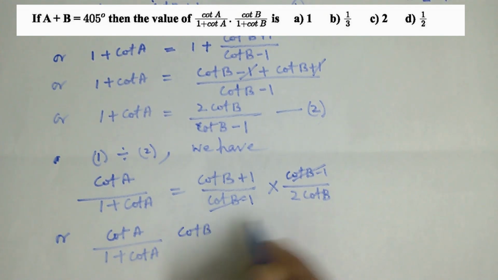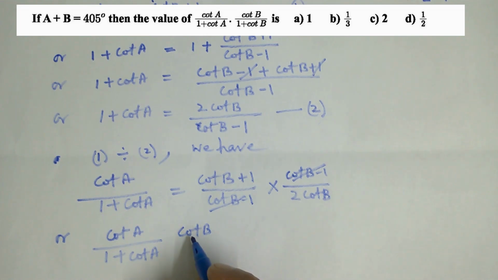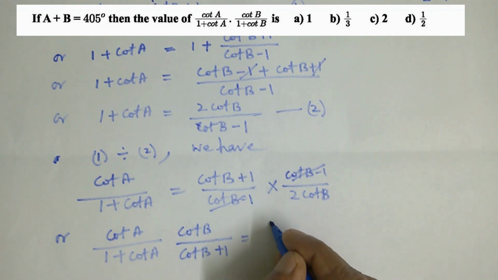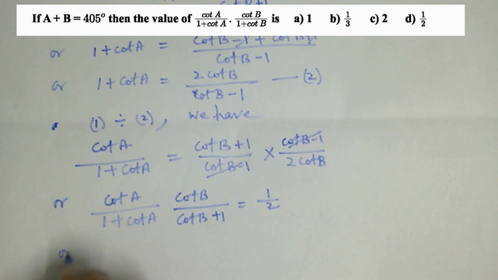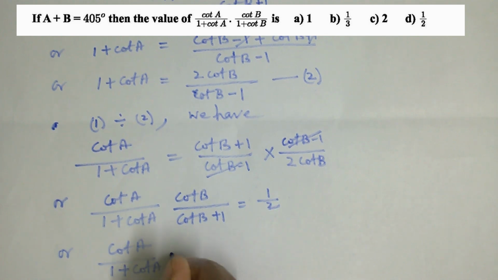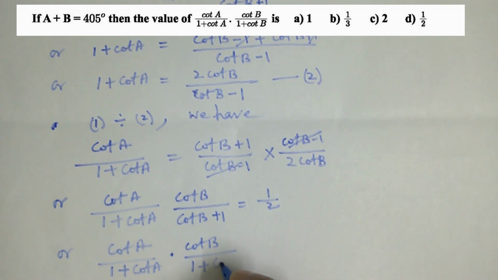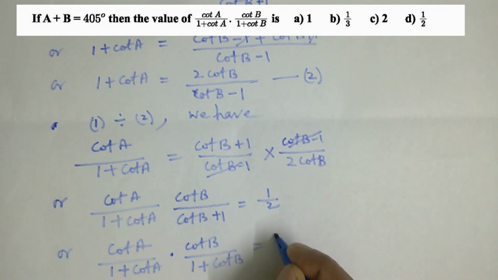Cot B in the denominator comes out to the numerator, so cot B plus 1 over cot B is equal to 1 by 2. Rearranging, as we are to find out, we write cot A by 1 plus cot A into cot B by 1 plus cot B is equal to half.